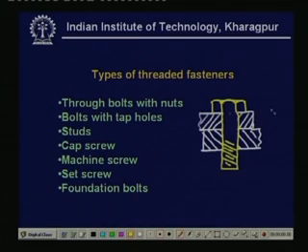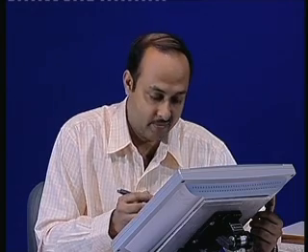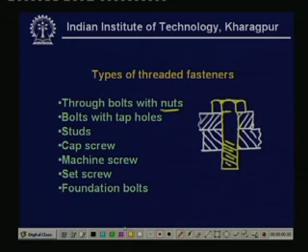And then we place another thing which is known as a nut here. So, this is the nut, and then we tighten them. This is what is known as through bolts with nuts.